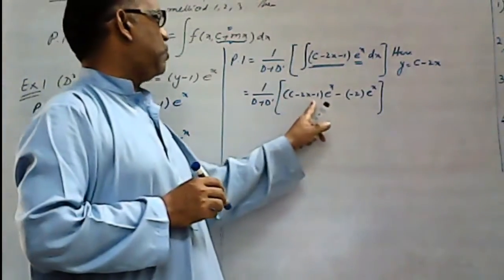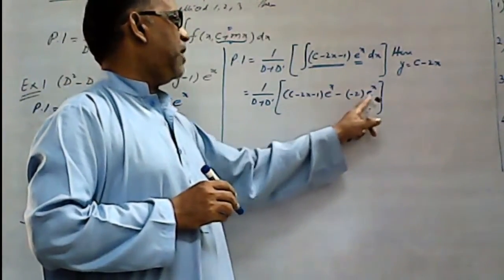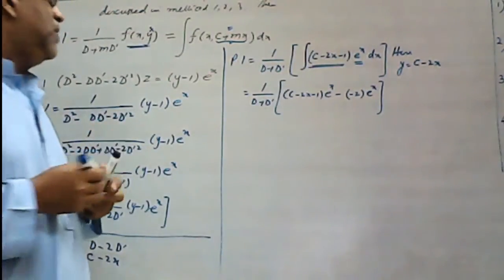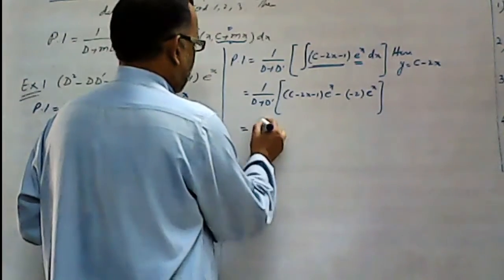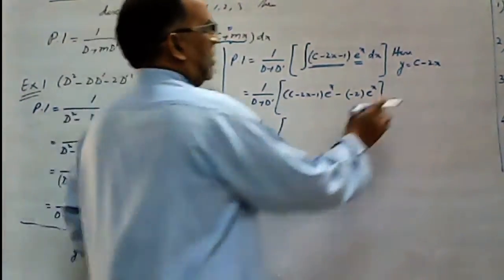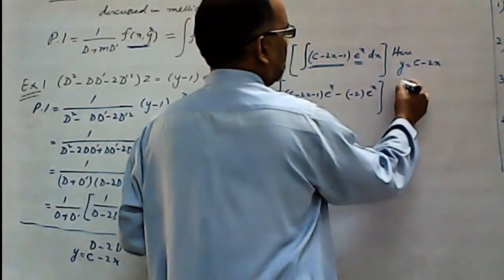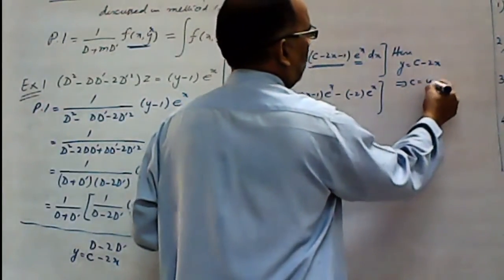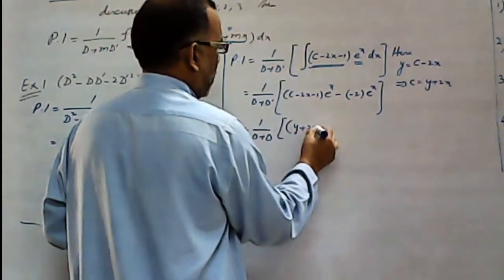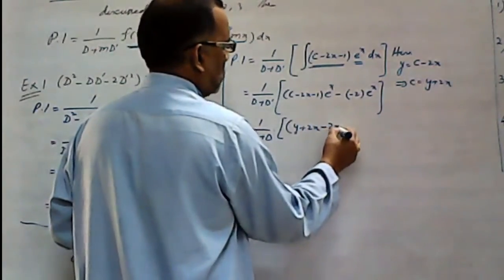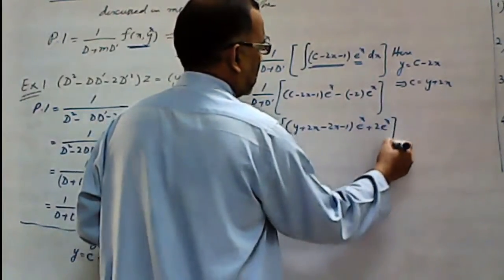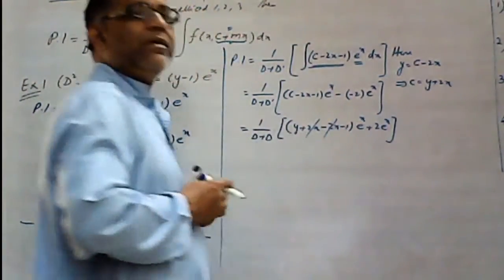This is c minus 2x minus 1 into e power x minus 2 e power x. As soon as you integrate the term, just back substitute the value of c. So if y is equal to c minus 2x, then c will be equal to y plus 2x. So just write y plus 2x in place of c, minus 2x minus 1 e power x minus plus 2 e power x. 2x cancels with 2x.